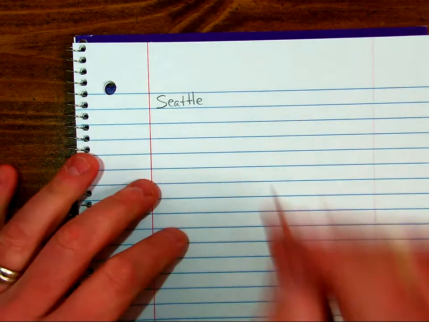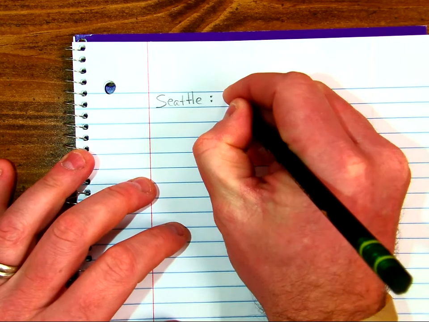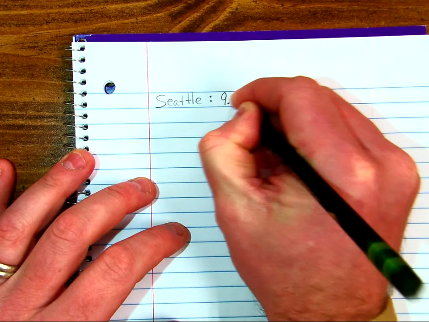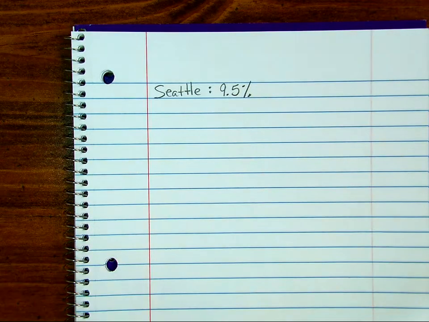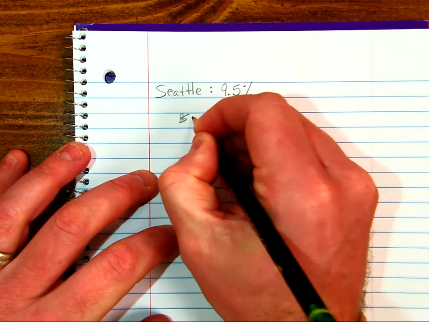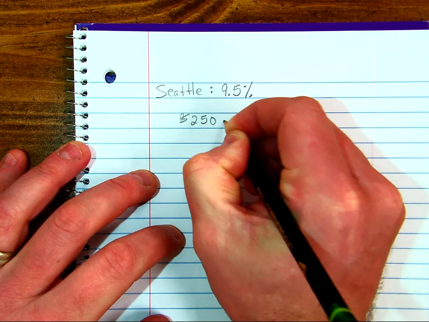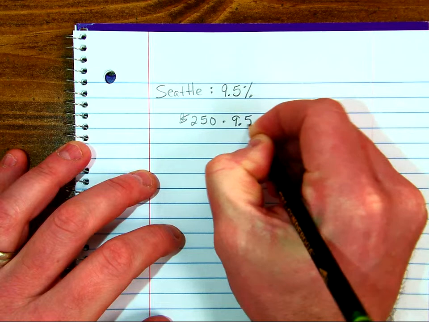Bought a cup of coffee for $1, and I noticed that their sales tax was 9.5%, which it still is today. So what I'd like you to do is figure out the total cost of that same $250 hoverboard in Seattle, Washington.